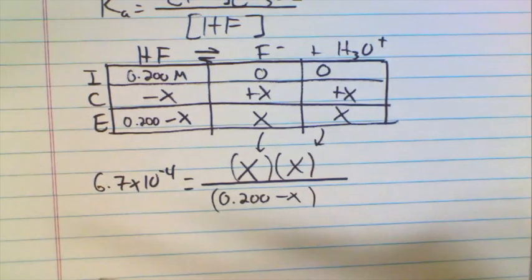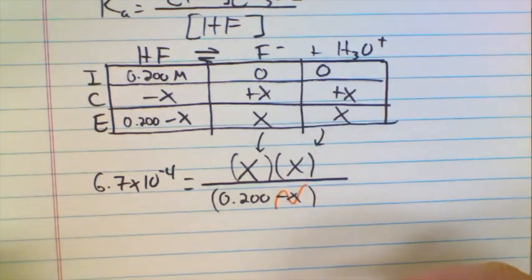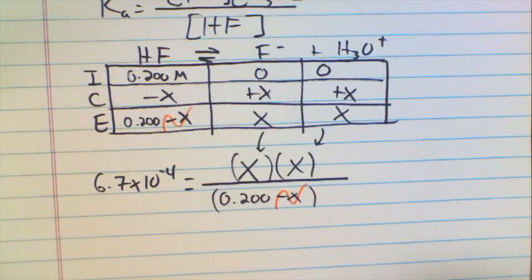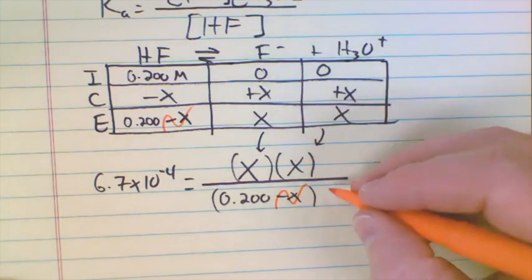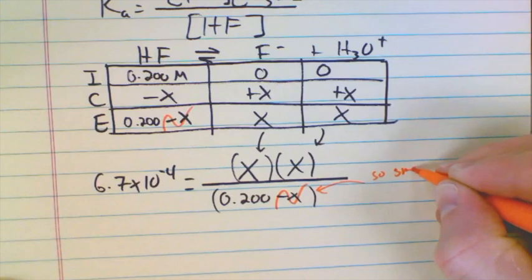This is super, super reactant favored. You're not making much product at all. We actually say this x value down here is negligible. We can cross it off. We get rid of that. It's so small, it's negligible. You can even make a little note there. So small.